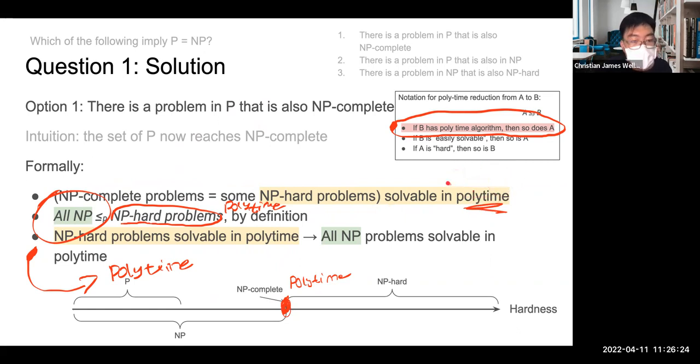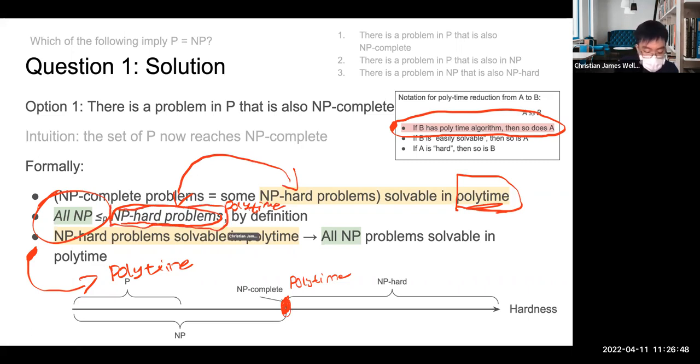Remember the definition of what it means to be NP-hard. NP-hard means that all the problems in NP reduce to that NP-hard problem. But that exact NP-hard problem, which we have a polynomial time solution for, because we reduce to it, it implies that all of NP, which we reduce from, also has a polynomial time solution.